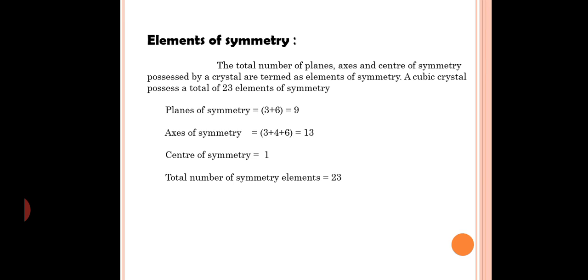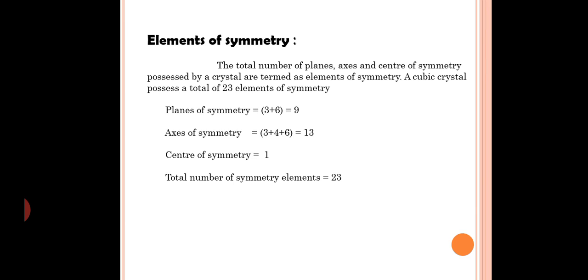Thus on that basis we call it twofold: 180 degrees means twice, so it is twofold. If it appears after 120 degrees, it is threefold. After 90 degrees, 4 times, so fourfold. After 60 degrees, it is called sixfold symmetry.